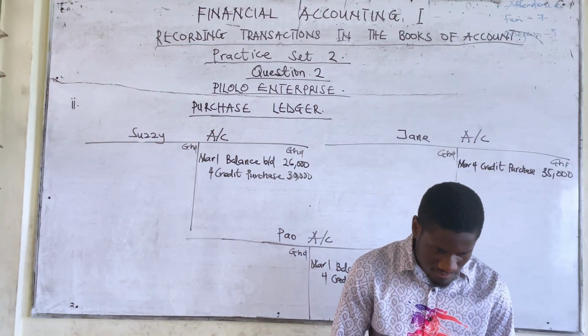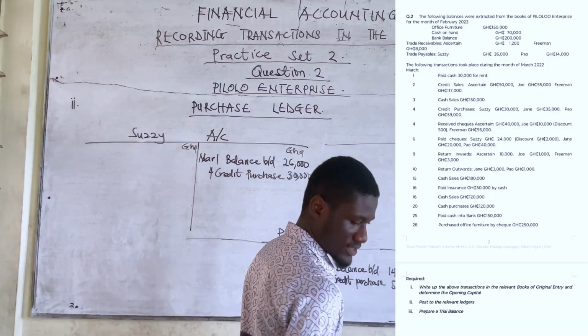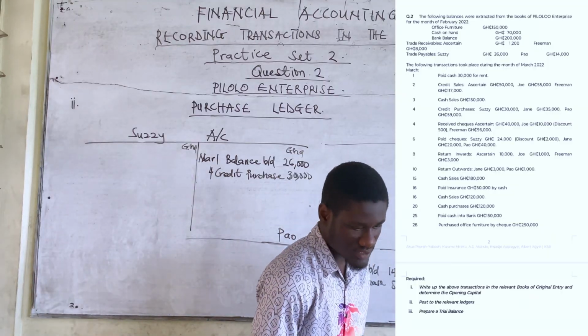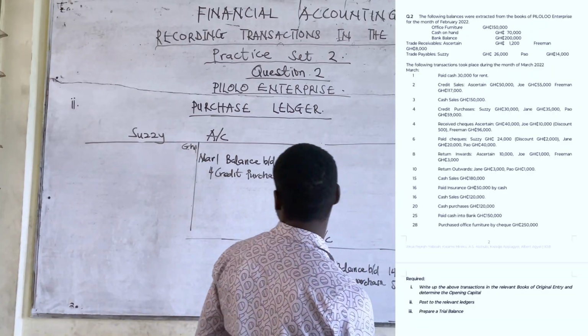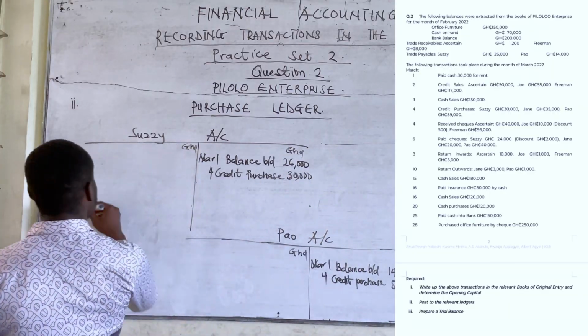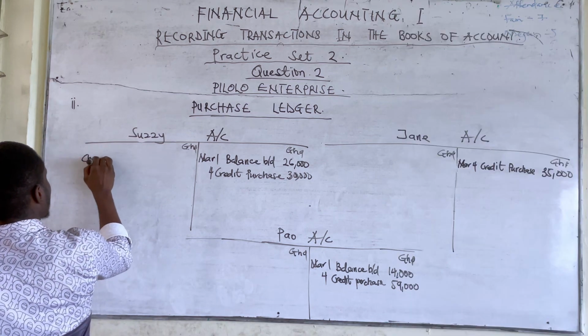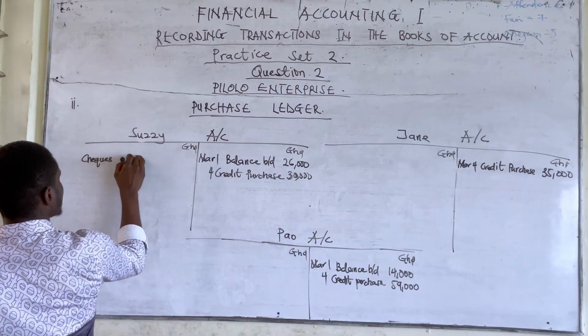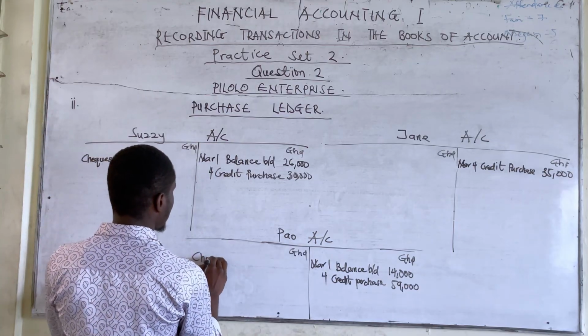Then we have paid checks. Okay, paid checks. And the date was 6th, which was involving Susie, Jane, and Paul. Okay, so checks paid. It was involving Susie, Jane, and Paul.